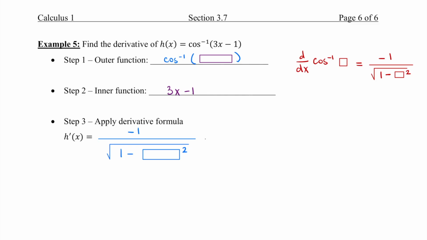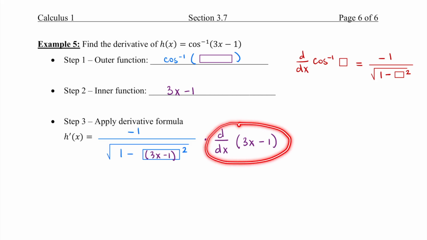Then multiplying by the derivative of the inner function. Now, this something here is going to be the inner function, and the inner function is 3x minus 1. The derivative of 3x minus 1 is 3.